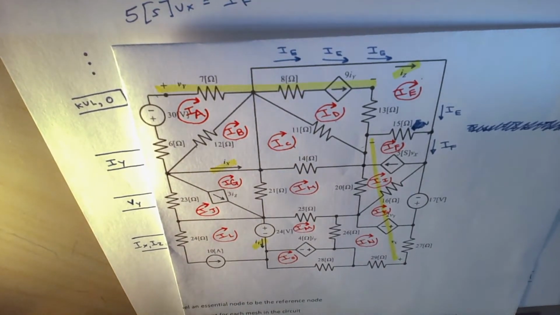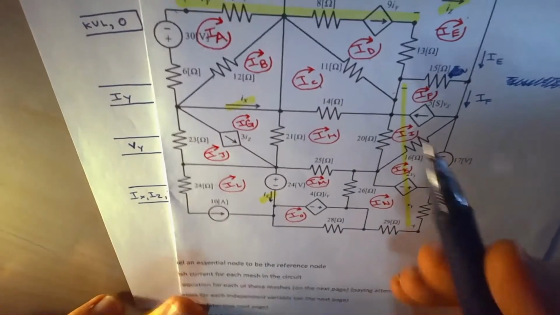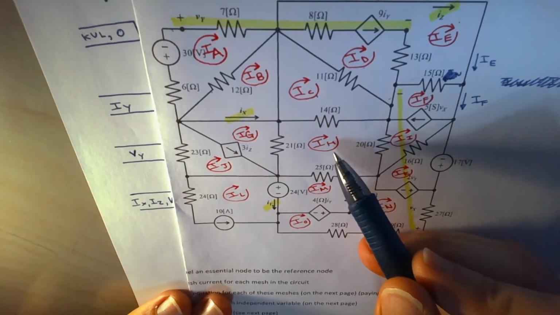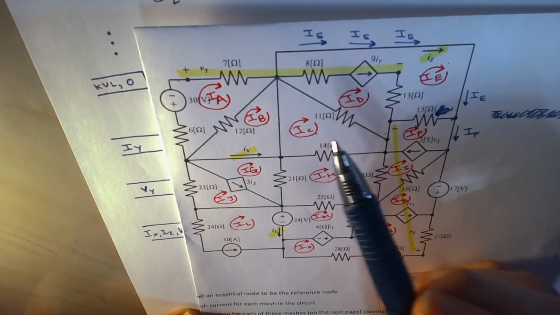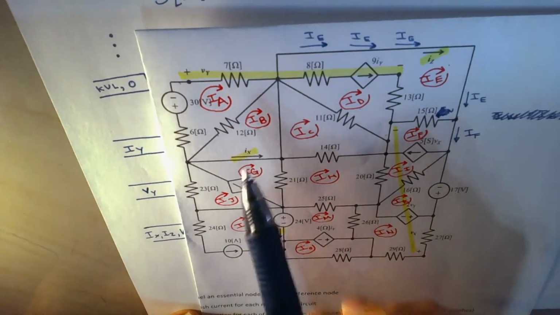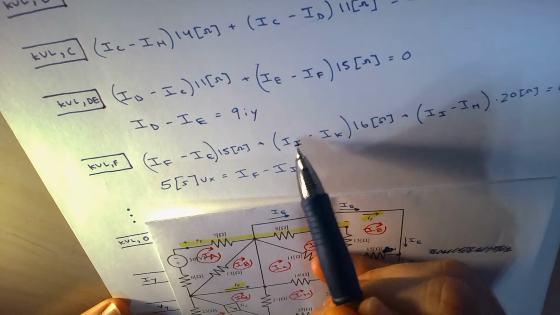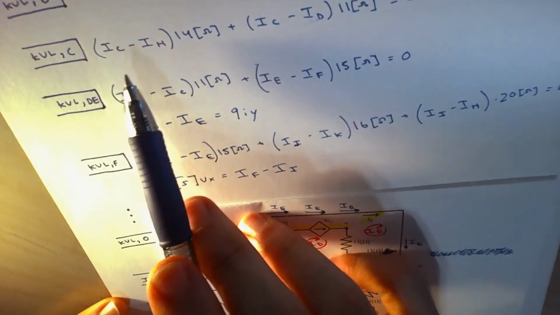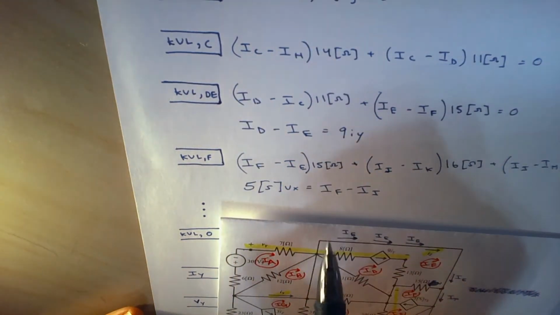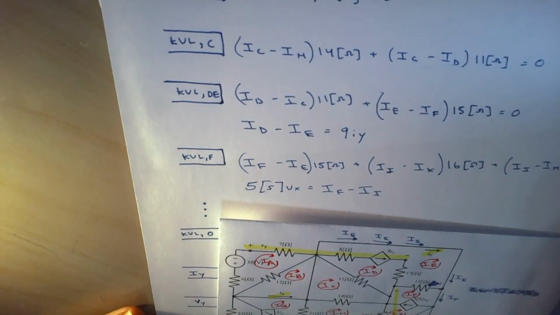I recommend the TI Nspire CAS version, the CX CAS, and we're not going to cover that in this video. But I highly recommend that you name the variables the same names as your meshes. Don't call them A, B, C, D, E for convenience. I highly recommend calling them whatever you write down here, which would be II, IA. Writing that extra letter I seems like it's going to take a lot of extra time, but it's going to save you a lot of time in the long run.